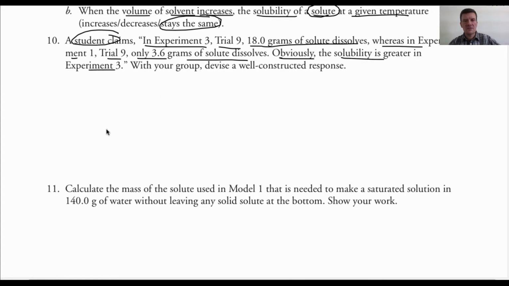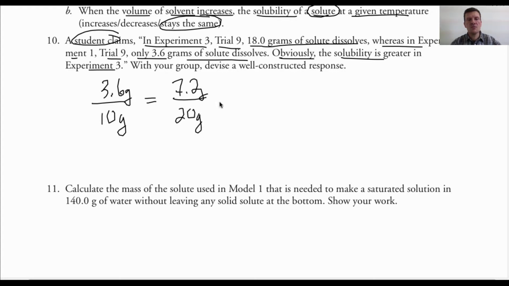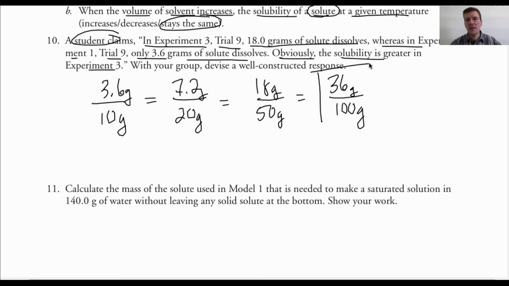Well, we already kind of debunked that, because 3.6 grams per 10 grams of water is equal to 7.2 grams per 20 grams of water, which is equal to 18 grams per 50 grams of water. All of those ratios are exactly the same, 36 grams for 100 grams of water. That is your solubility. Okay?